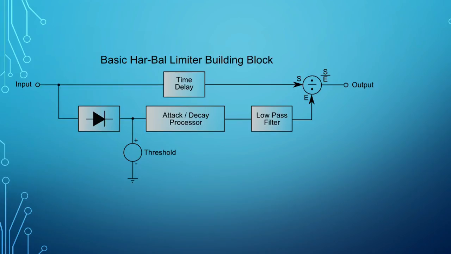As this smoothing filter introduces a delay in the control signal, it is necessary to include an extra time delay in the signal path to ensure that the gain control is in sync with the music. However, it isn't a single limiter but three.